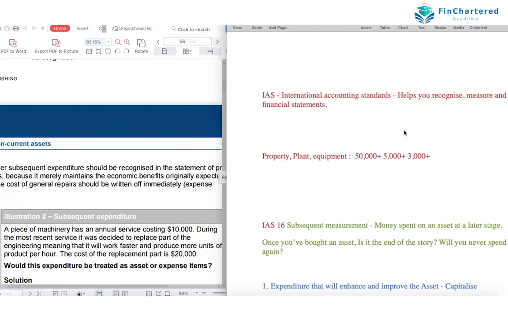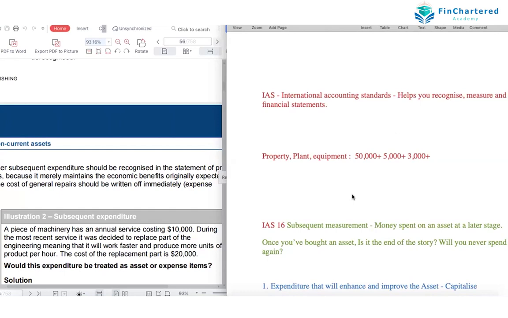Every year, no. Service will not improve the quality. Sorry, it will not improve the features of the car. It's just maintaining the car. If you don't service it, the car will go spoiled faster. So service of the car will not enhance the car.